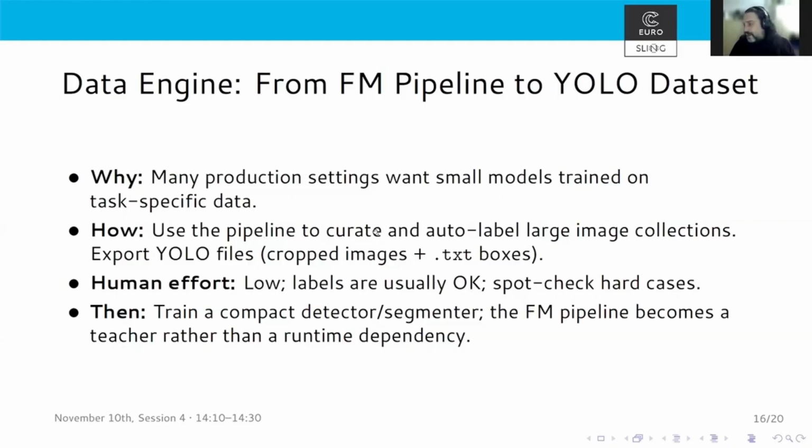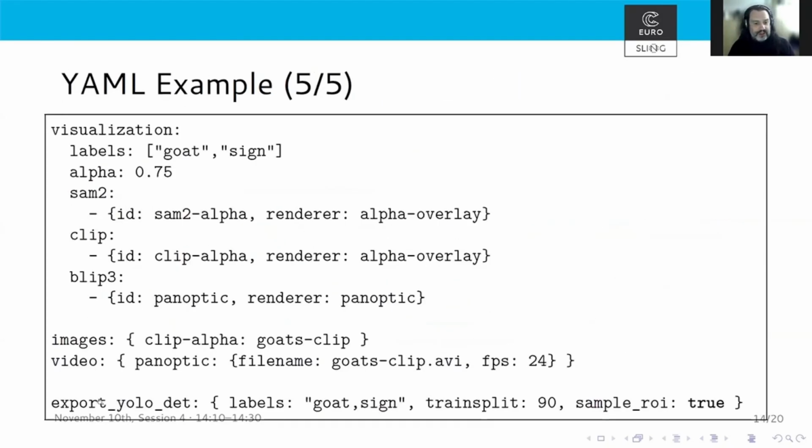Now, we use this pipeline to export not the positions of the animals, but basically to actually write a data set. So this was here in the end, for example, export YOLO, where basically we wanted to detect things. This is the sign that showed where is what kind of the grass and the goats.